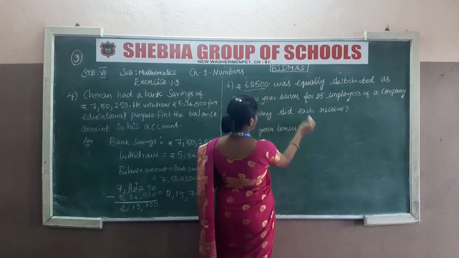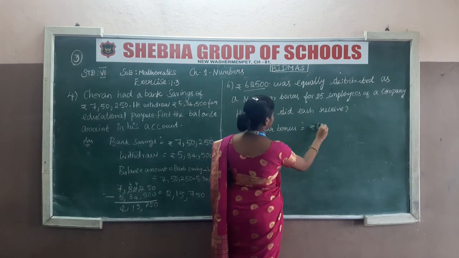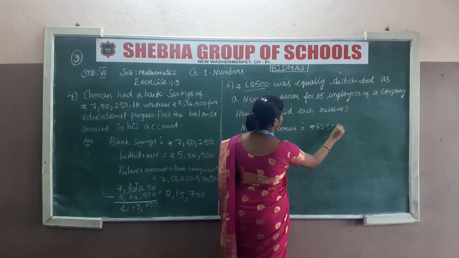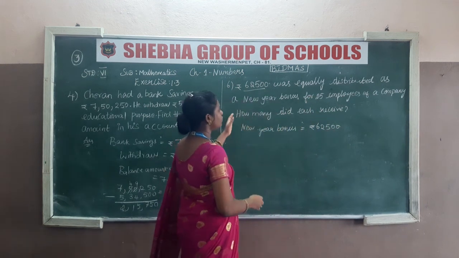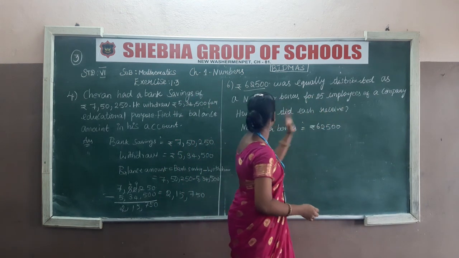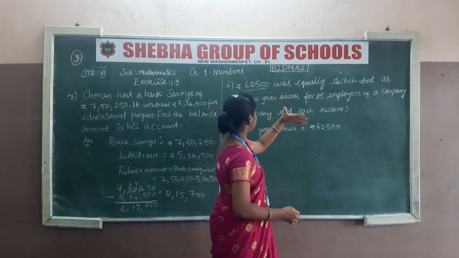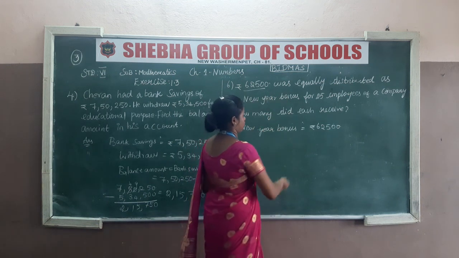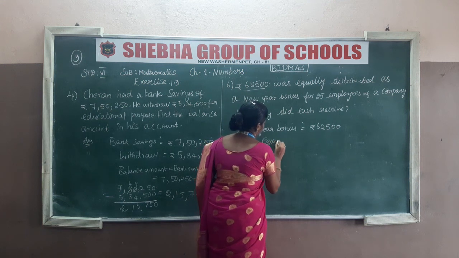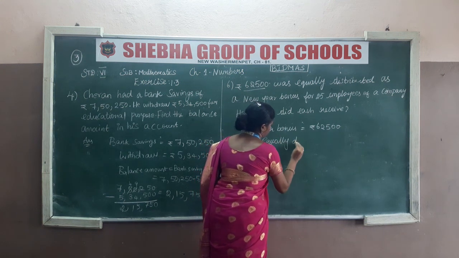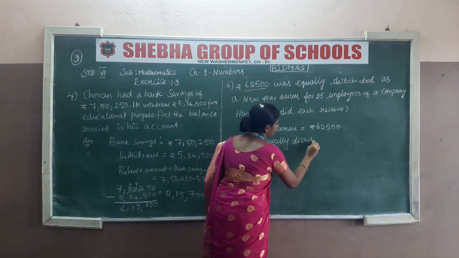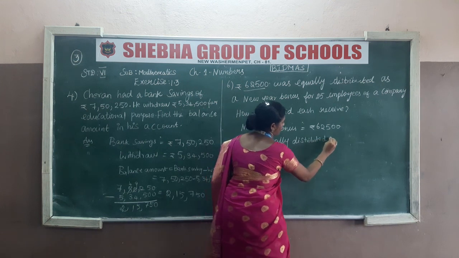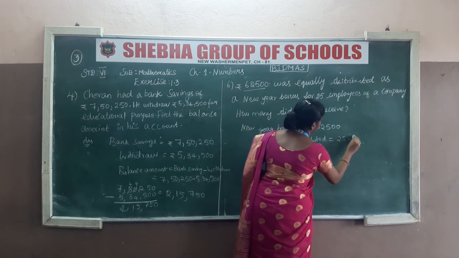So the total value is rupees 62,500. Okay. So we have 25 employees of a company. So it is equally distributed among 25 employees.